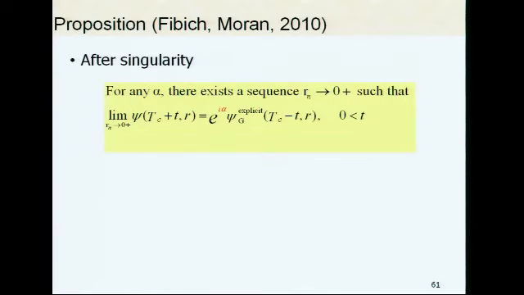And if you want to remove this absolute value, again you have that for any, well, I wrote it alpha, for any phase that you put here, you can also always find a sequence Rn of hole sizes going to 0 so that you would get this solution up to this phase factor. So again, you lose the phase information after the singularity.